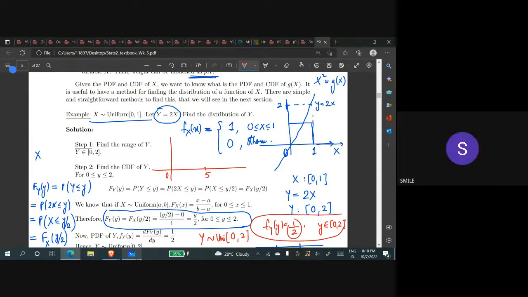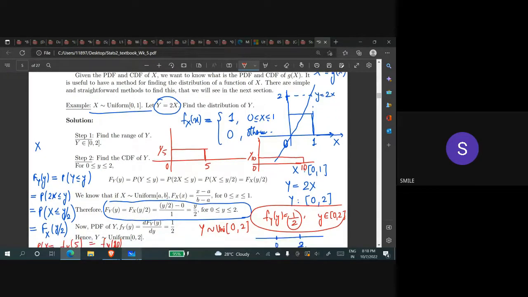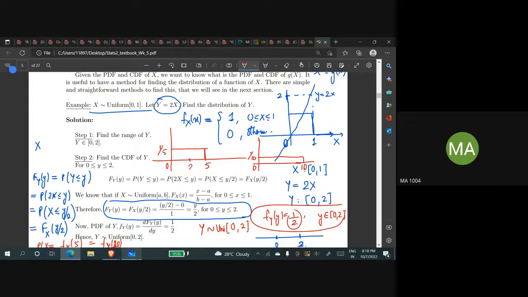I've just given an example. So you're saying x lies between 0 to 5, and now if y equals 2x, your y will lie between 0 to 10. This is 1 by 10. Okay, so now let's not take 5. Let's take this as 2.